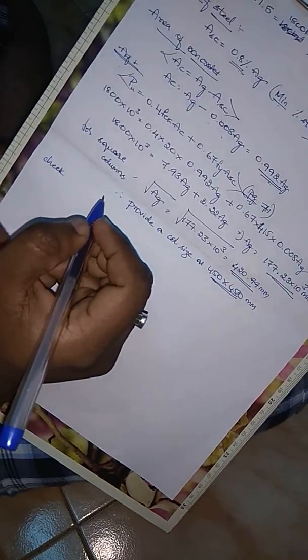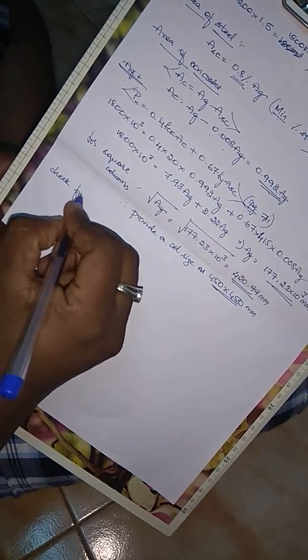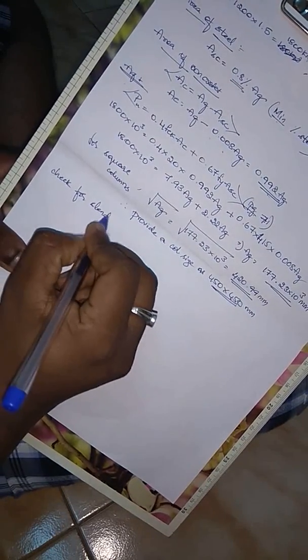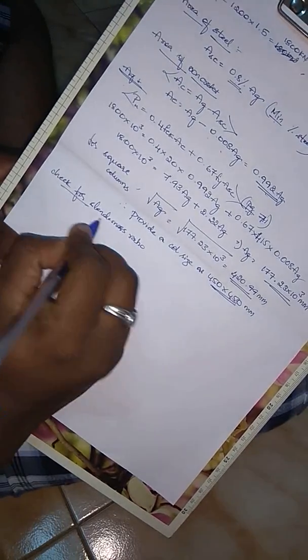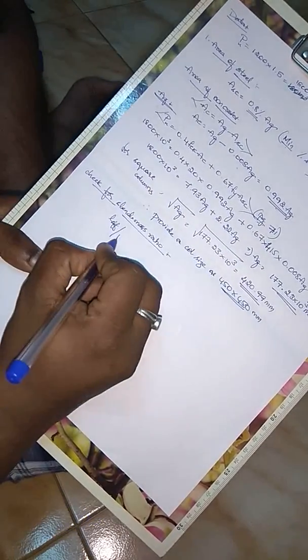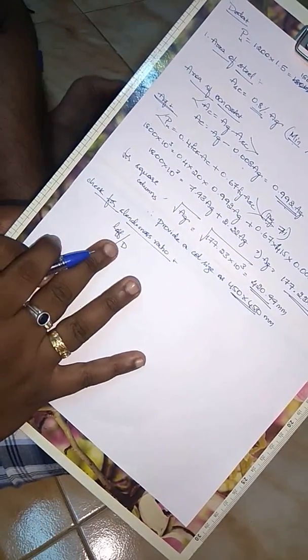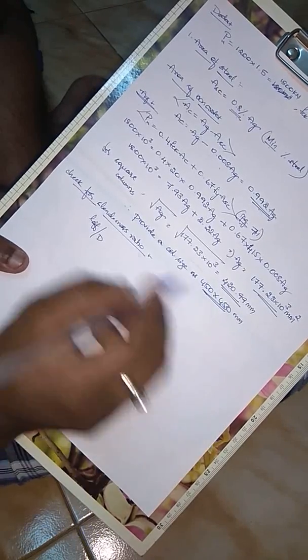Okay, so once this is done, the next step is the same. Check for slenderness ratio. Why this step is done, I have already told: to check whether it is a long column or a short column. L effective by D, whether it is D or B. In this case it is the same because it is a square column, both B and D are the same.